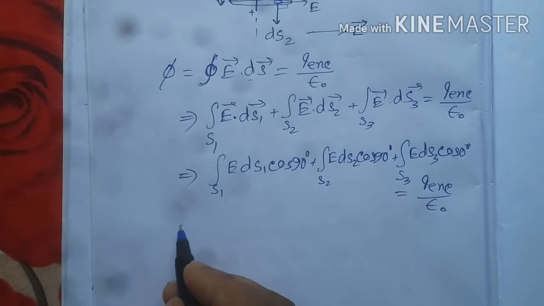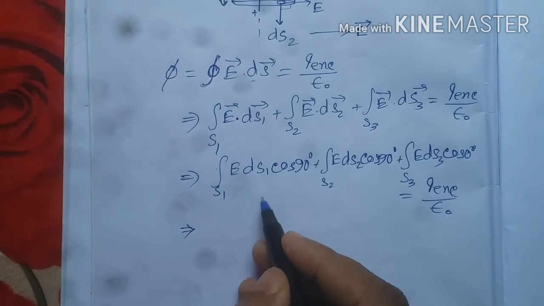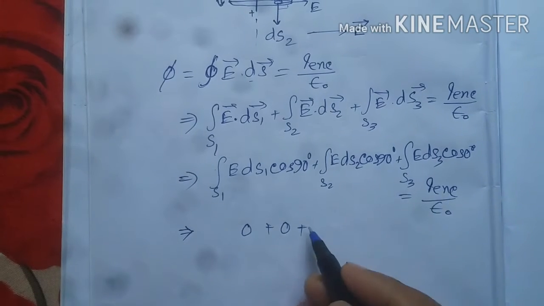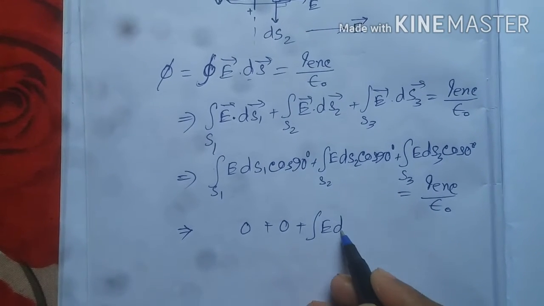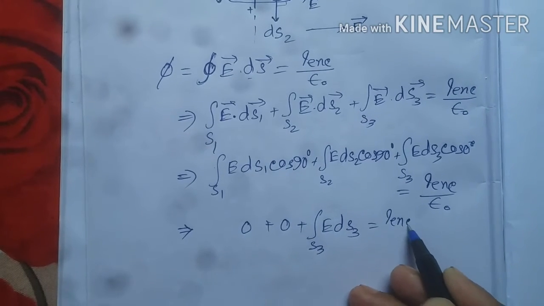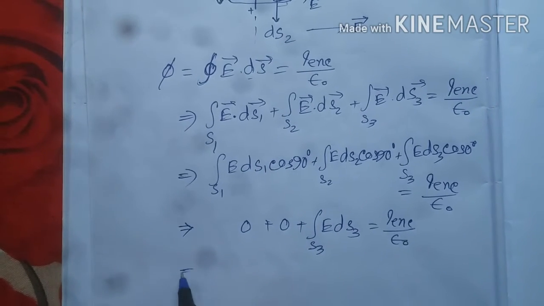The value of cos 90 is 0, so this integral will give you 0, this integral will give you 0, and only this integral will survive. So the integral of E ds3 equals Q enclosed divided by epsilon naught.